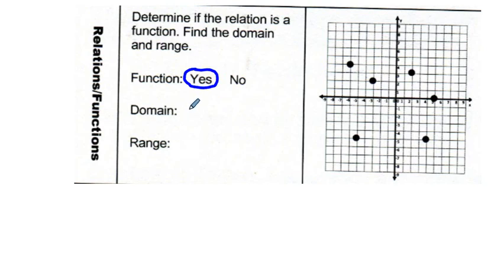Domain. Well, domain would be x values. We have x, y. So I'm going to put in set notation x equals, and for individual values, set notation is really quite helpful. We look at the x values from lowest to highest, starting at -6, and the next x value to the right is -5.